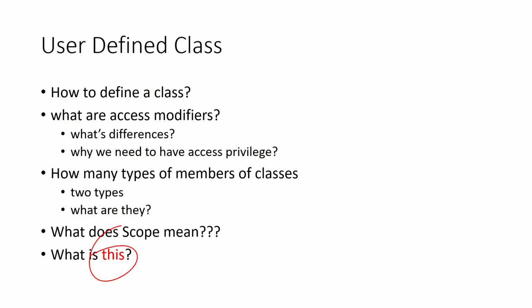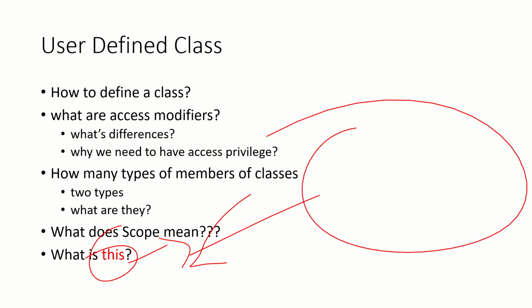So this means the current object which calls the instance variable or method in that class. If you don't understand this, check the textbook and the PowerPoint. I have a very detailed explanation of how to use this.